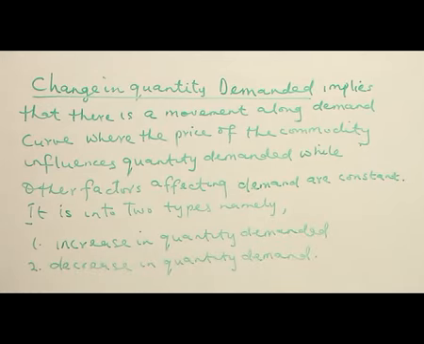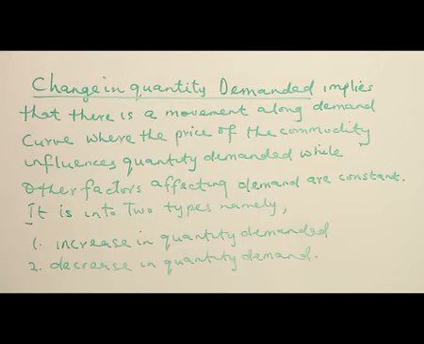So, change in quantity demanded is trying to let us understand that the price of the commodity is the only one that can affect quantity demanded. Other factors are constant. Factors like income of the consumer, price of other commodities, taxation, population size, and so on and so forth.